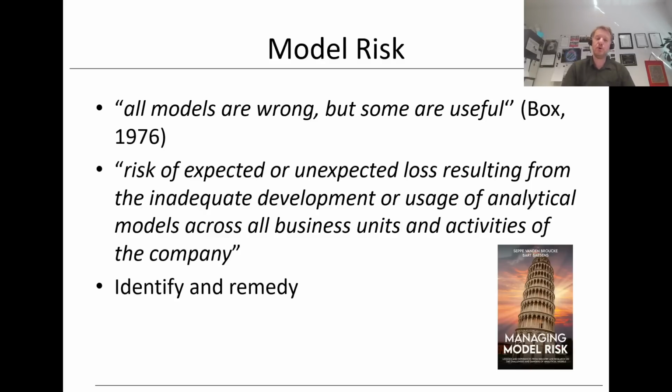We define it in our book as the risk of expected or unexpected loss resulting from the inadequate development or usage of analytical models across all business units and activities of the company. So we looked at a company-wide perspective when we try to frame the idea of model risk. The thing with model risk is that you have to try to identify it and remedy it as much as possible.